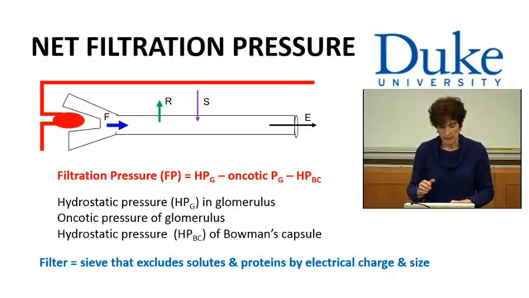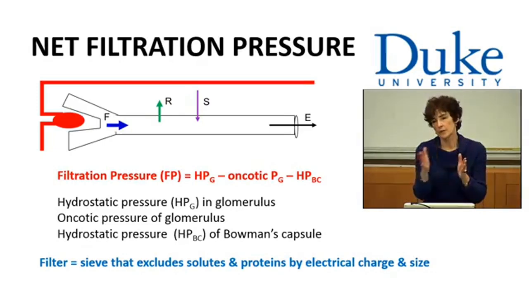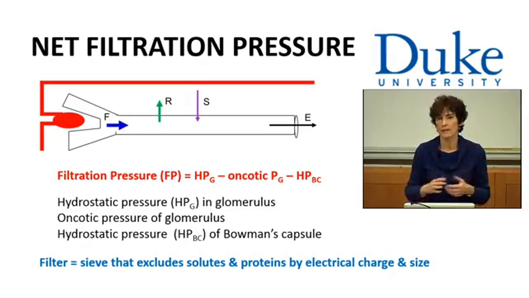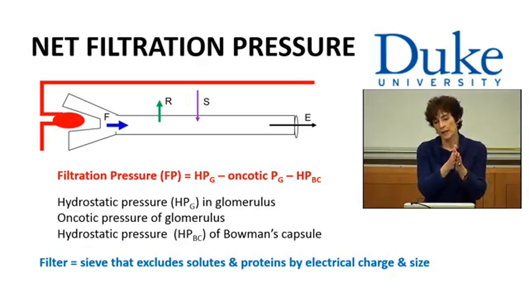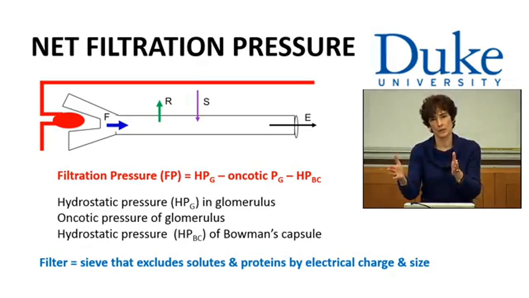The second thing that we have to consider is the actual forces that are moving materials across the barrier. And this is going to involve Starling's forces, which we've already talked about in the cardiovascular system. As you all know, across all capillary beds we have pressure gradients, and if the hydrostatic pressure is greater than the oncotic pressure, then fluid leaves the capillary and enters into the interstitium.